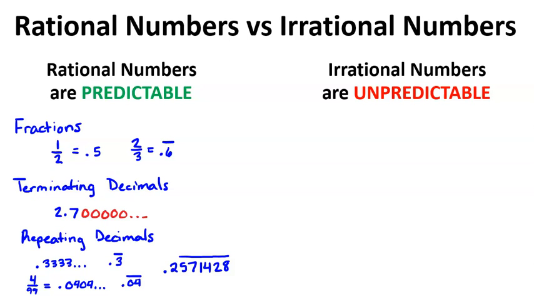So we have 0.2571428, and then it starts again with the 5, 7, 1, 4, 2, 8, 5, 7, 1, 4, 2, 8, and it goes on like that forever. And we'll see this more as we do conversions between fractions and decimals when we're doing long division. So you'll actually see this later.